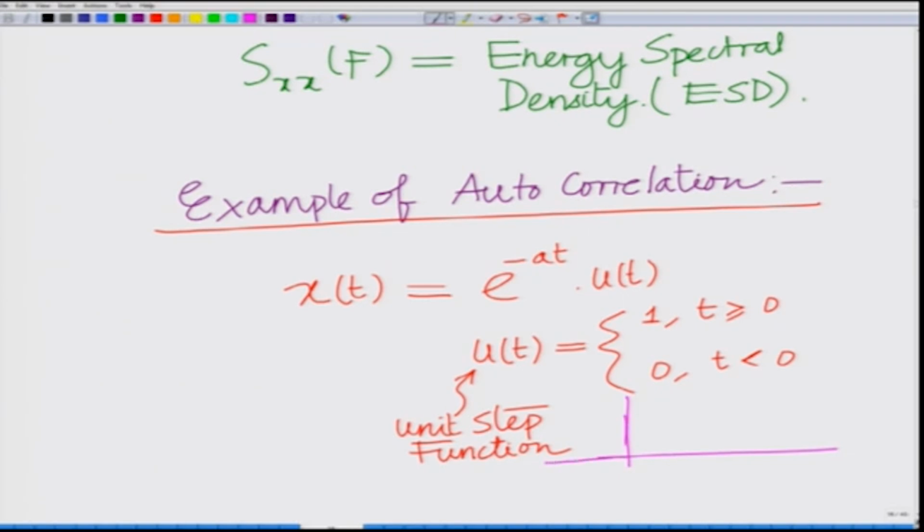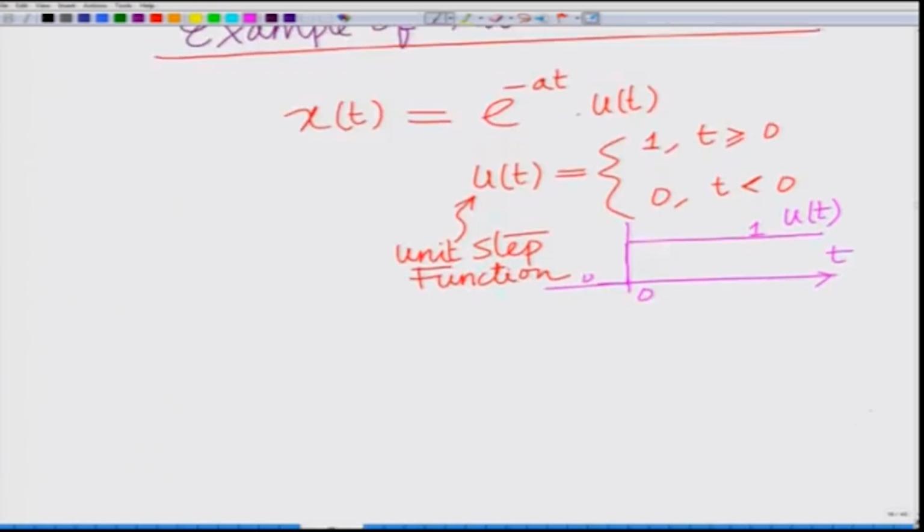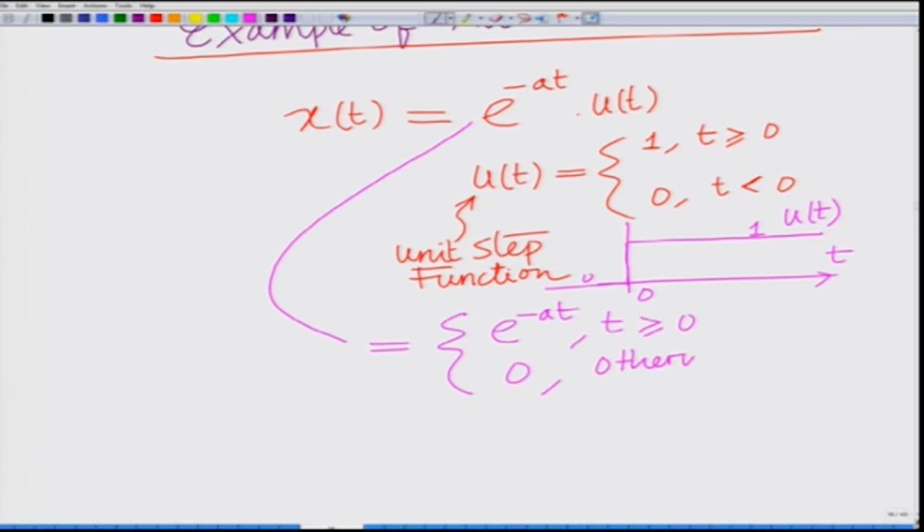This is 0 for t less than 0, correct, and for t greater than or equal to 0, this is 1. This is our unit step function, and this is the time axis, alright. Therefore, e to the power of minus a t u of t is equal to e to the power of minus a t for t greater than or equal to 0, and equal to 0 otherwise, correct.